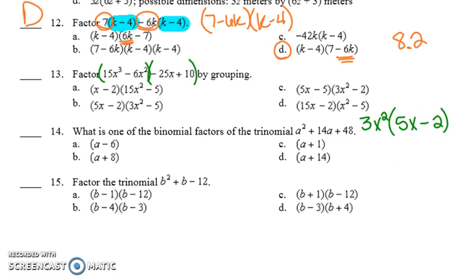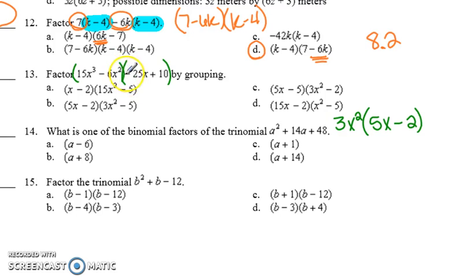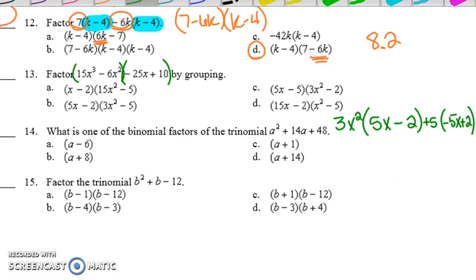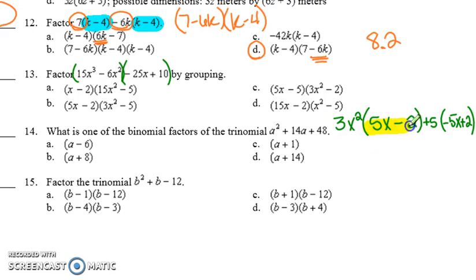Then I'm going to look here, and my biggest thing I can factor out of there would be just a 5. So I'm going to factor out a positive 5, and I would have a negative 5x plus 2. Okay, now if you notice, what's inside the parentheses is not the same.